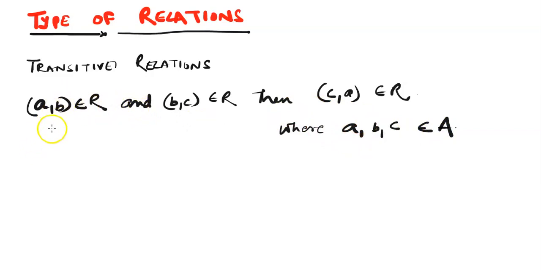So if A, B belongs to R and B, C belongs to the relation, then A, C has to be part of that relationship. And this is what we call a transitive relationship.